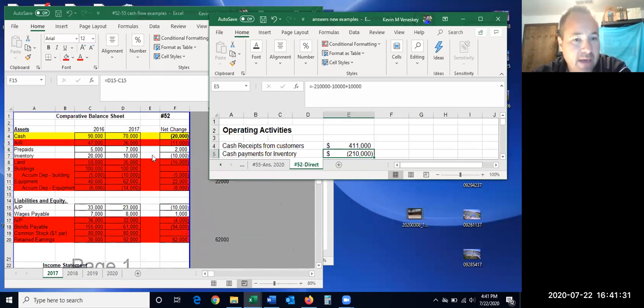And then my inventory went, or let's start with AP. My AP went down by 10 grand. So that means I paid money. I paid off some of my accounts payable from prior times. So I need to show that I paid money, an extra -10.